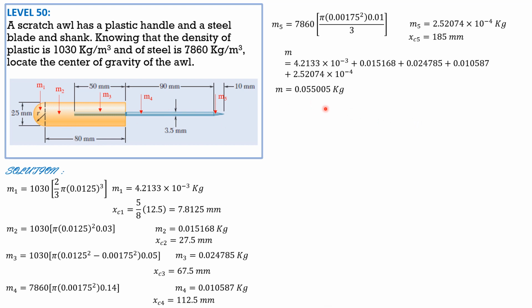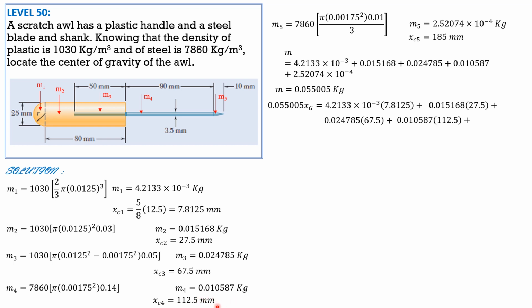Then by Varignon's theorem, mass 0.055005 times xg equals 4.2133 times 10 to the negative 3 times 7.8125 plus 0.015168 times 27.5 plus 0.024785 times 67.5 plus 0.010587 times 112.5 plus 2.52074 times 10 to the negative 4 times 185.